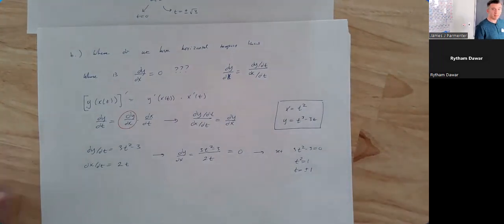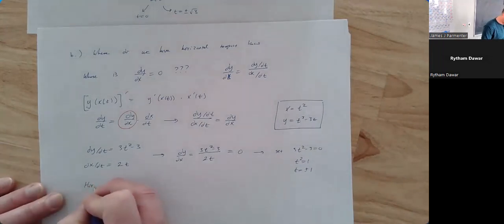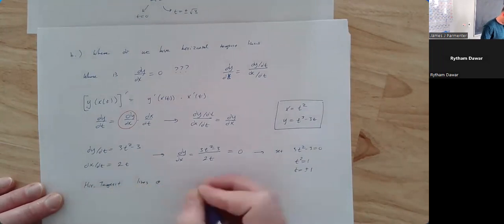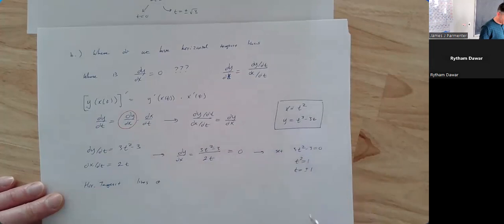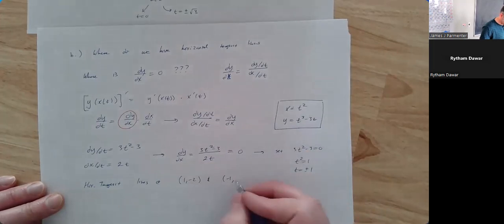So depending on how the question's phrased, we should probably answer the question in terms of x and y. So we're going to have a horizontal tangent at both x equals 1 and y equals negative 2, and x equals negative 1 and y equal to positive 2.